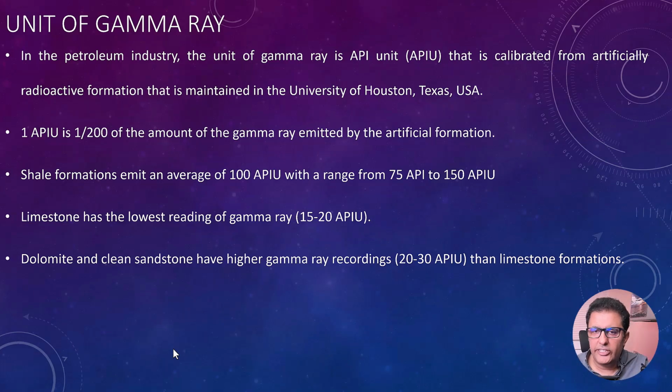So as you see here, there is a distinct difference in terms of the gamma ray reading in shale formation and non-shale formation. And that's the reason why, or how, we use a gamma ray tool in order to identify shale formation. And also, if we have a shaly formation, we can have some idea about the percentage of shale in those formations.